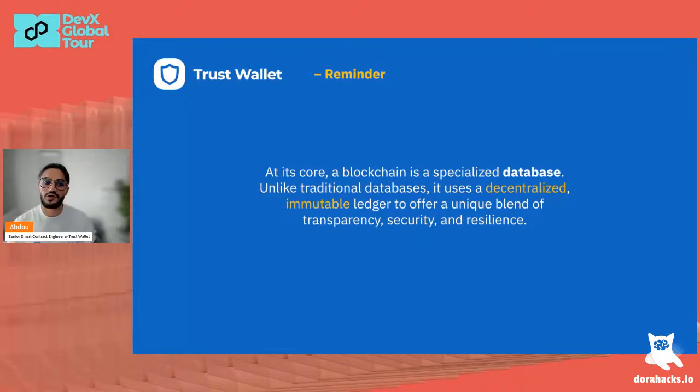Now we are operating on databases that are decentralized and immutable, and users are given access to their own privacy and data. The use of blockchain is mainly to offer users transparency, security, and resilience.